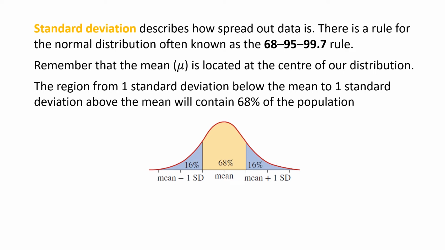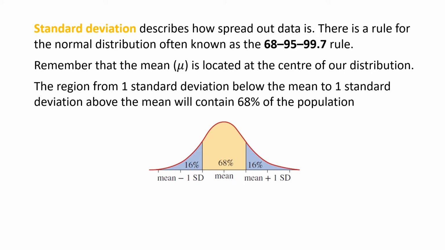On the diagram there, if I've got 68 in the middle because it's nicely symmetrical, the remaining 32% is going to be split up with 16% below that section and 16% above that section. But in that one bit in the middle, which is one standard deviation above and below the mean, we're going to have 68%.